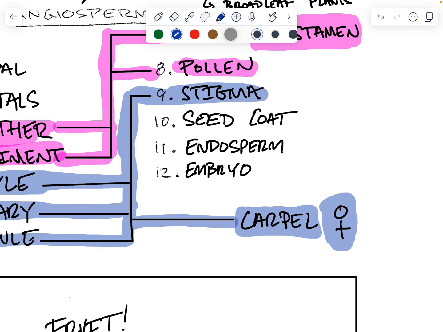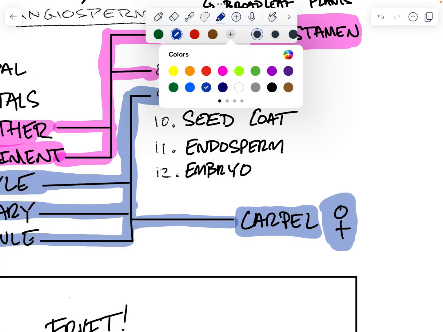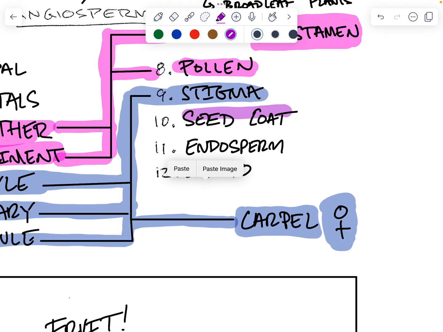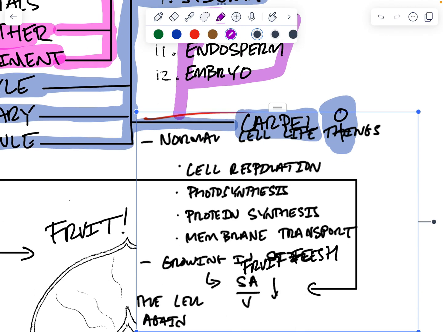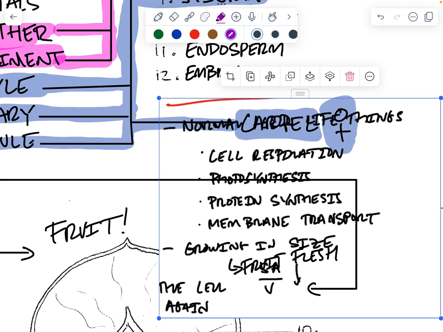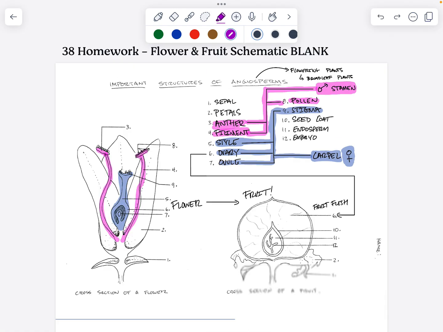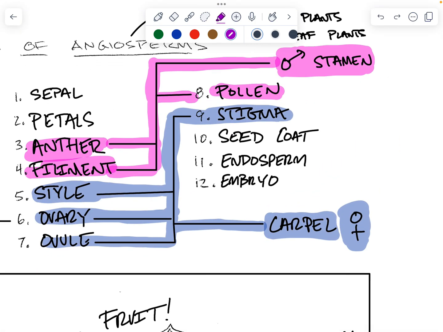So let's give these all the color purple, because they are the mixture of both the male and female parts of the flower, or they both contributed to it. Okay, I want to do these all in purple.